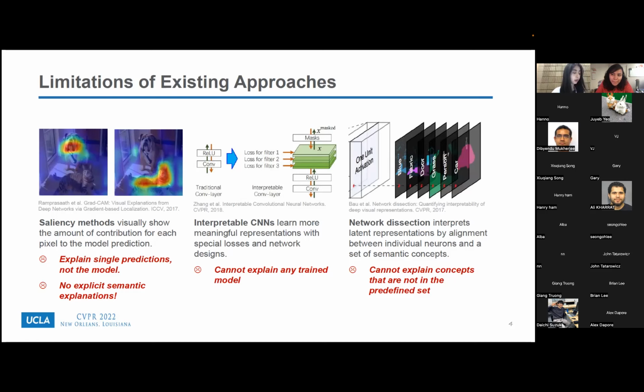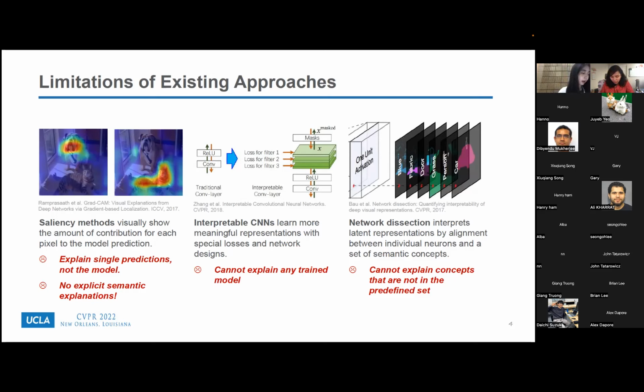However, they aim to explain single predictions, not the model, and they explain pixel-level features, not high-level semantics. They also require users to speculate the meanings of the visualizations as they do not provide explicit semantic explanations, like saying this is a dog.